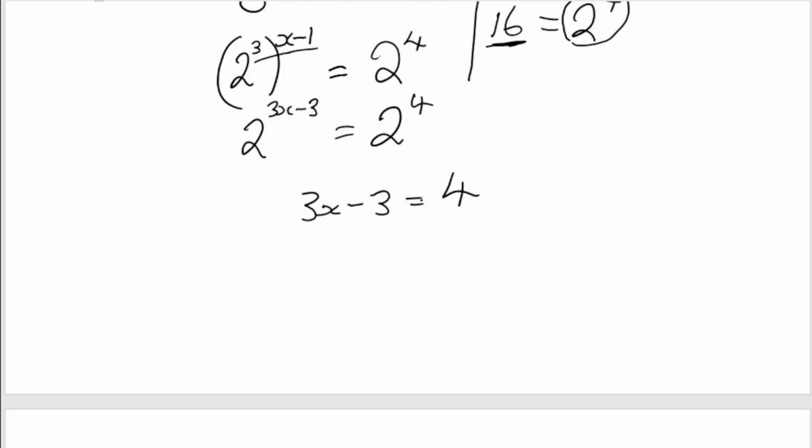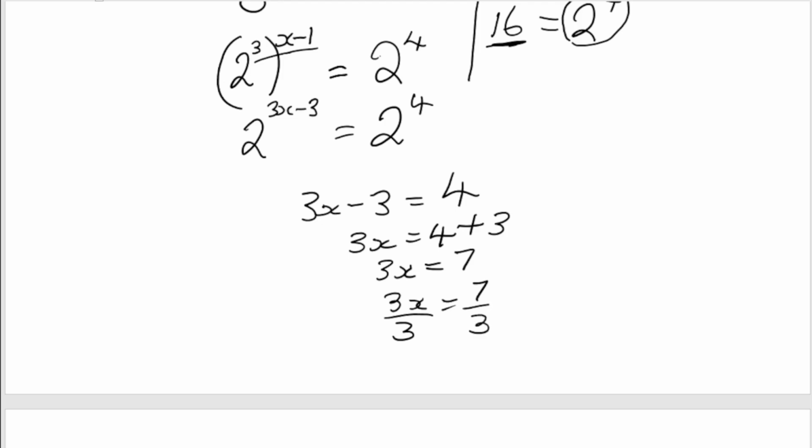Solving for x, 3x is equal to 4 plus 3, which is 7, then we divide 3x by 3 and 7 by 3, and we get x is equal to 7 over 3. That is our answer.